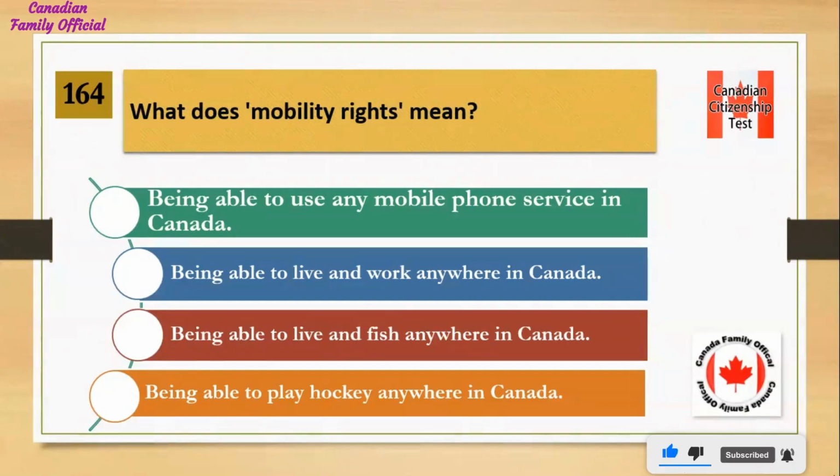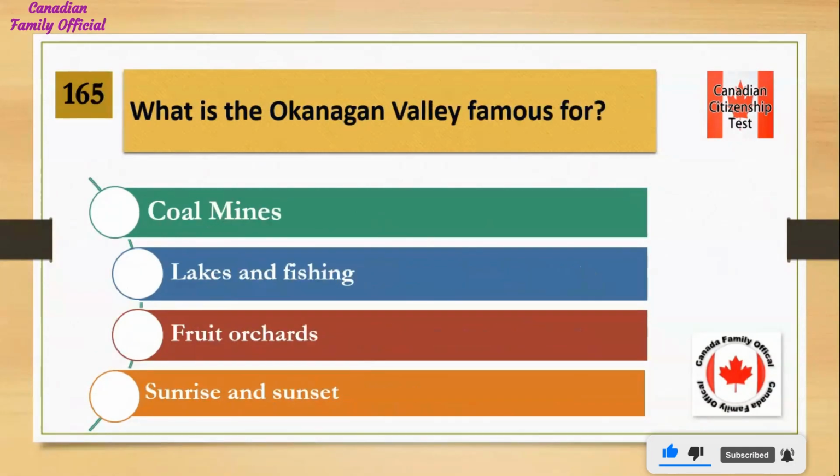Number 1 Being able to use any mobile phone service in Canada. Number 2 Being able to live and work anywhere in Canada. Number 3 Being able to live and fish anywhere in Canada. Number 4 Being able to play hockey anywhere in Canada. And the answer is being able to live and work anywhere in Canada.